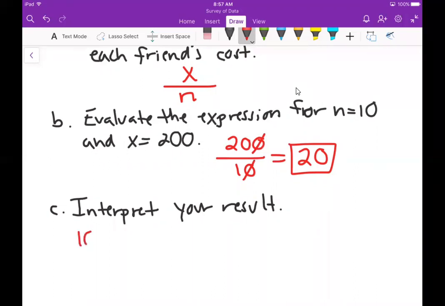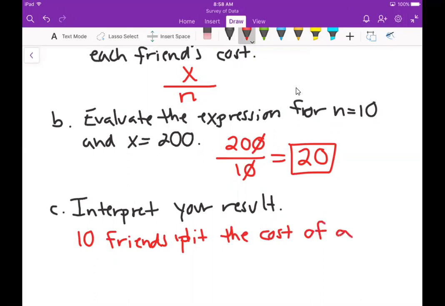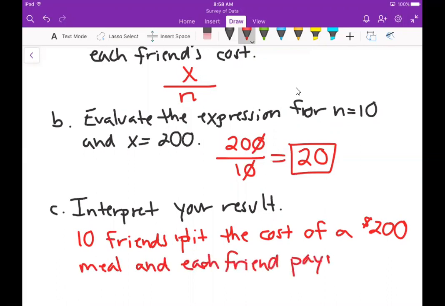So what's happening here? 10 friends split the cost of a $200 meal, where the cost is in dollars, and each friend pays. Our final result is how much each friend pays. Each friend pays $20. So we want to interpret that entire result. Sorry, that S there got a little bit cut off.